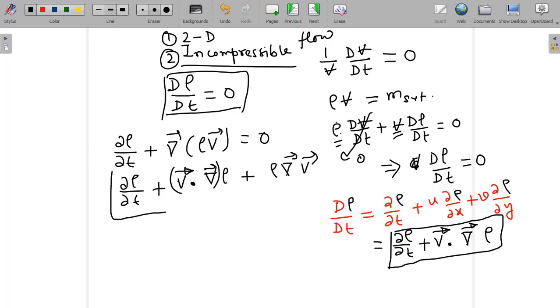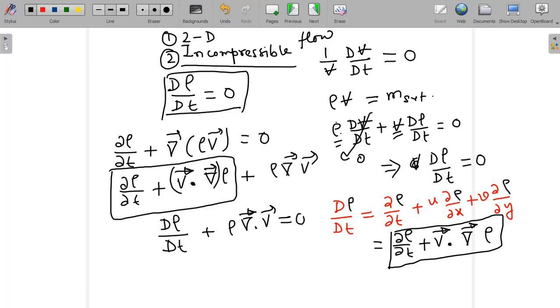So here you see the same thing. This quantity is actually Dρ/Dt plus ρ times divergence of V is equal to 0. That means this first quantity is 0 because of incompressible flow, and definitely for the incompressible flow the divergence of V is equal to 0.